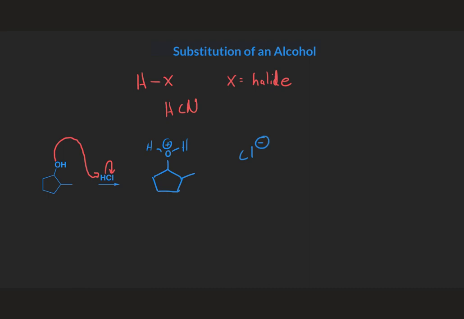Now, since this is a secondary alcohol, this can undergo an SN1 type reaction. And so the water is going to leave. Alcohols don't leave, but water is a good leaving group, and so it can leave, just like it did before, and form a secondary carbocation plus water.